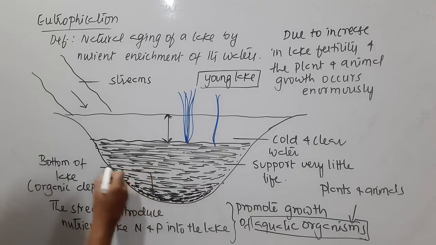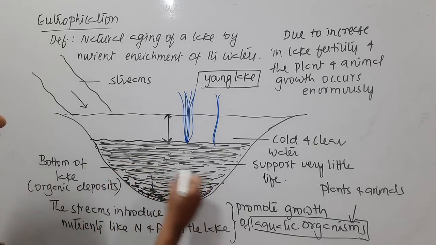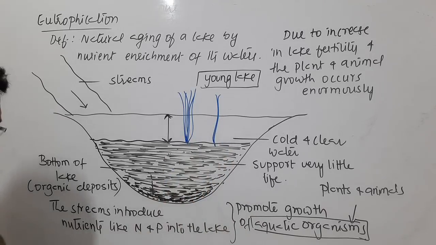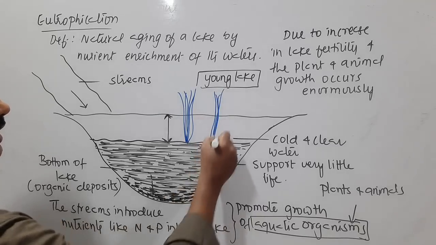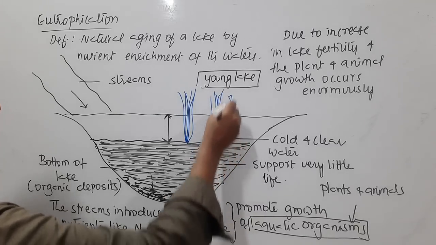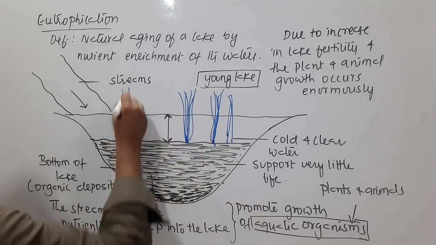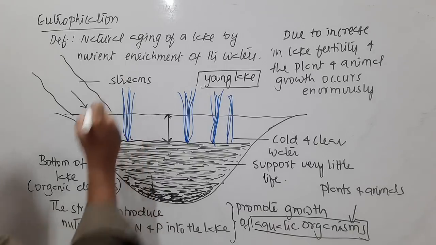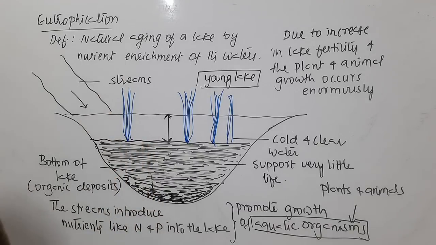Now taking the base of that, you will see the marsh plants growing, and along with that, you will also see masses of floating plants.